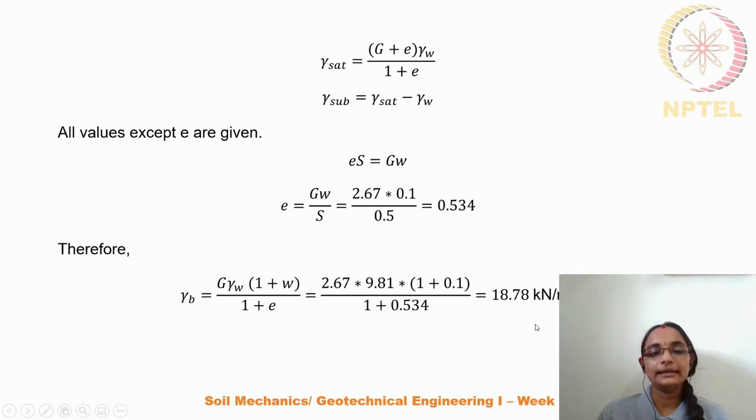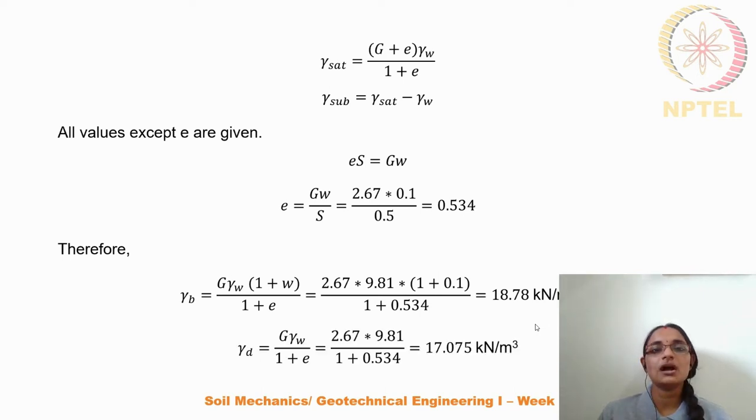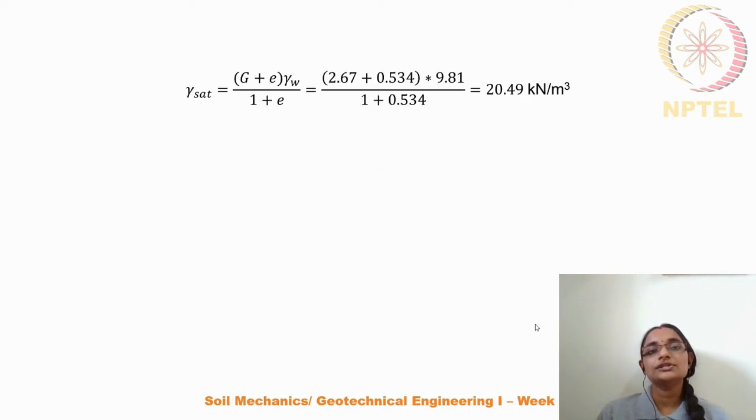Okay, so gamma D is equal to G gamma W by 1 plus e. That is equal to 17.075 kilonewton per meter cube. Okay, so now what is gamma saturated? It is (G plus e) into gamma W by 1 plus e.